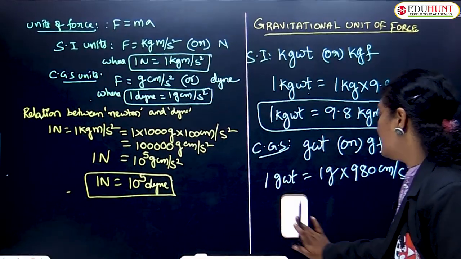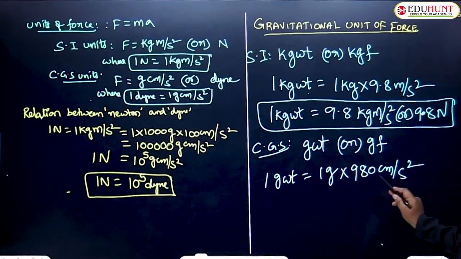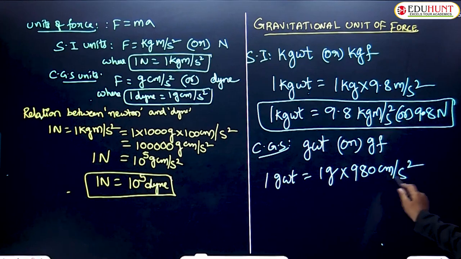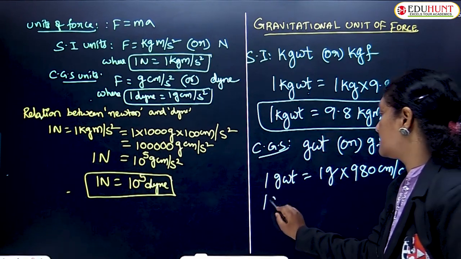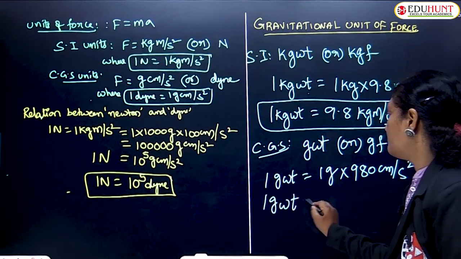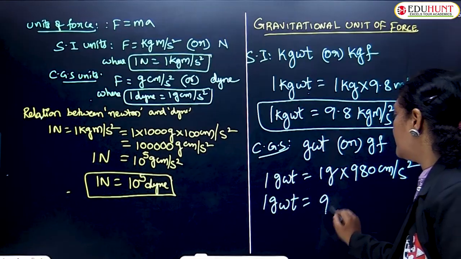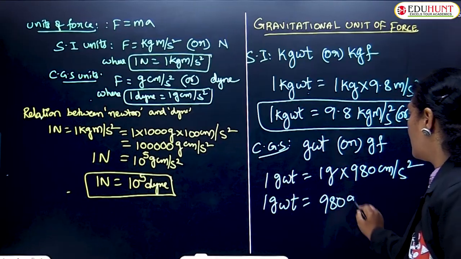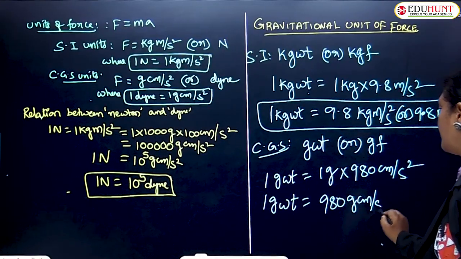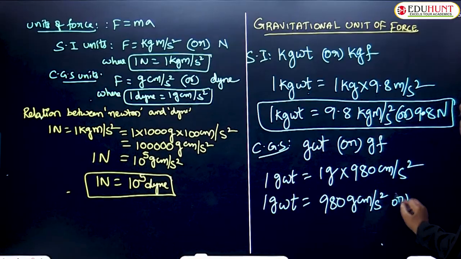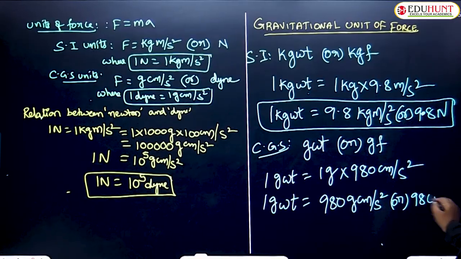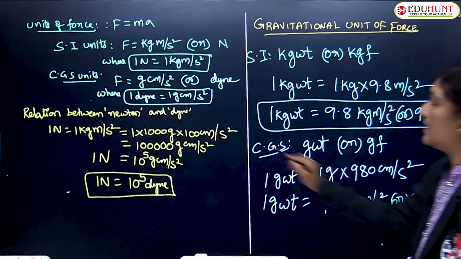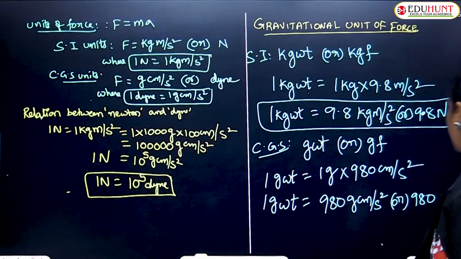The value of 1 gram weight equals 1 gram into 980 centimeter per second square. Hence 1 gram weight is 980 gram centimeter per second square, which can also be written as dyne.